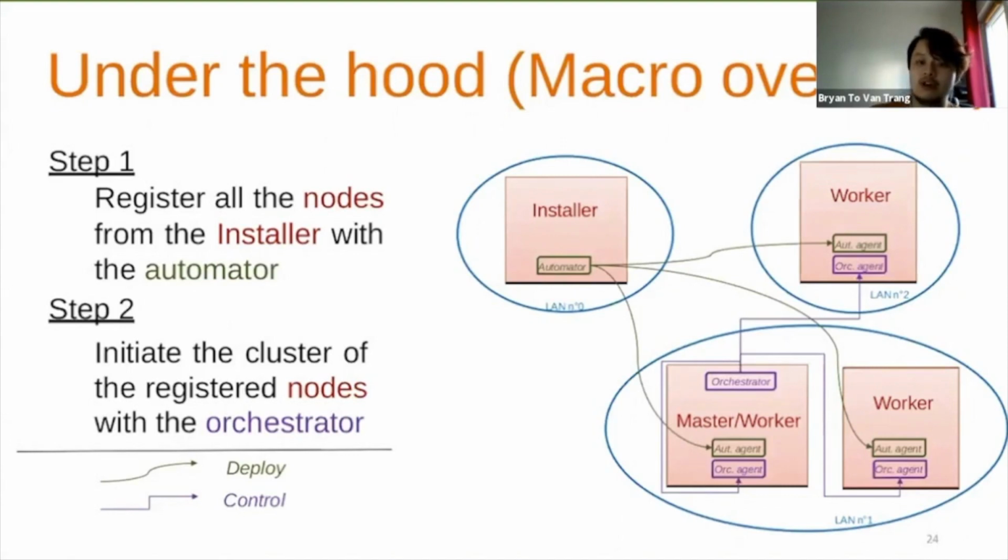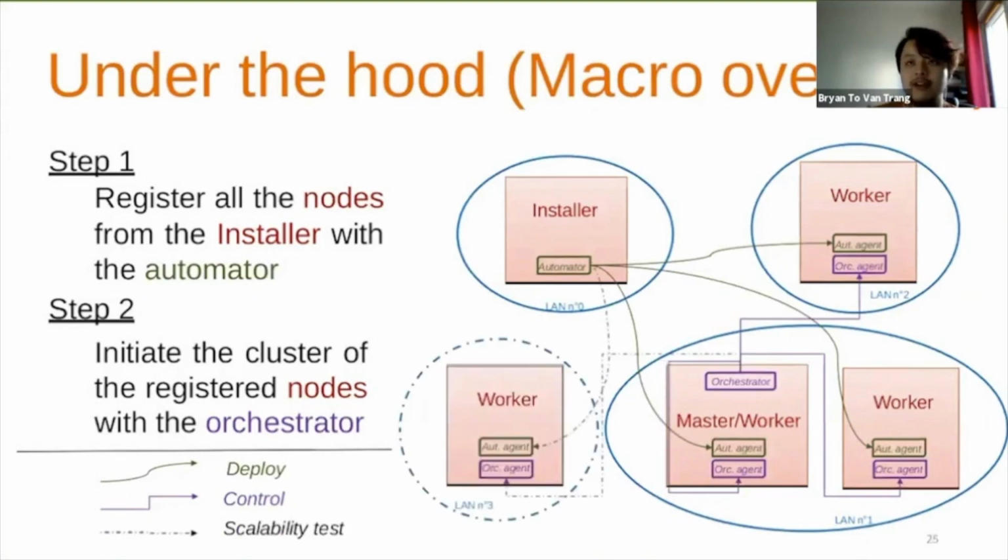And once all these platforms and machines have been installed, if we ever want to continue expanding this cluster, the process goes the same way. When we have an additional machine, we'll be registering this machine to the automation agent, and then we'll be adding this machine to the Kubernetes cluster.